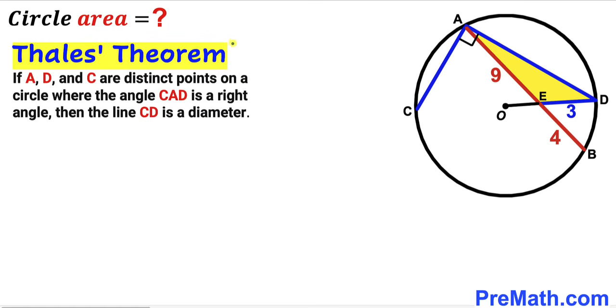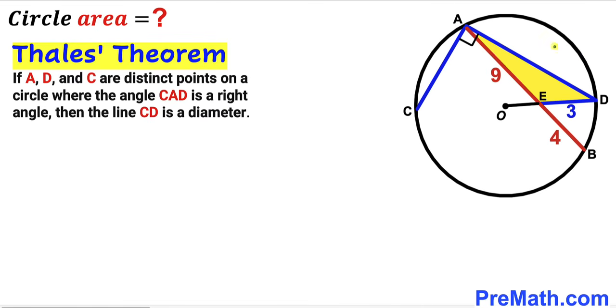So therefore, we are going to recall the Thales theorem. According to this theorem, if A, D, and C are 3 distinct points on the very same circle, along with this angle CAD being a right angle, in other words, this angle is 90 degrees, then the line CD is going to be our diameter.